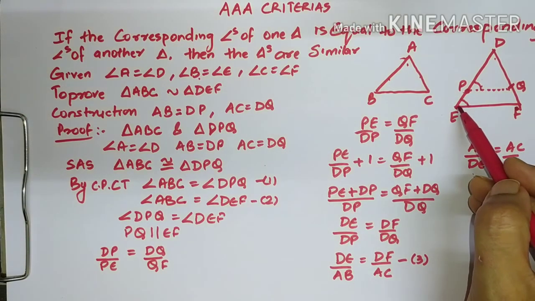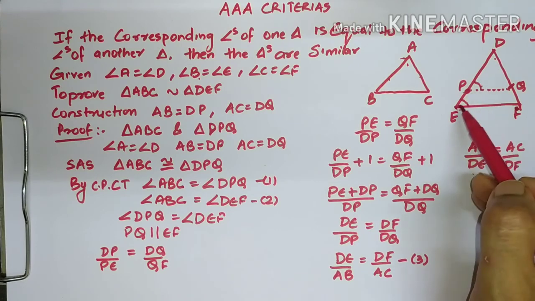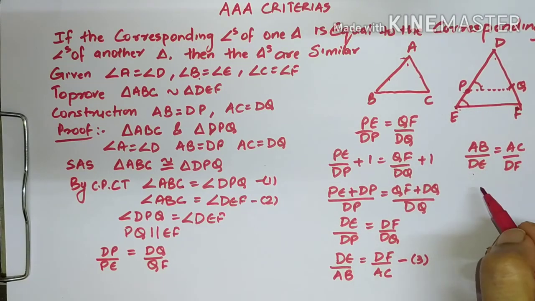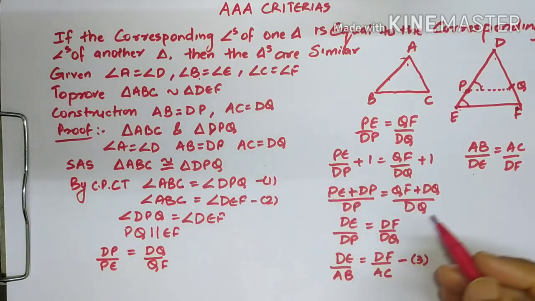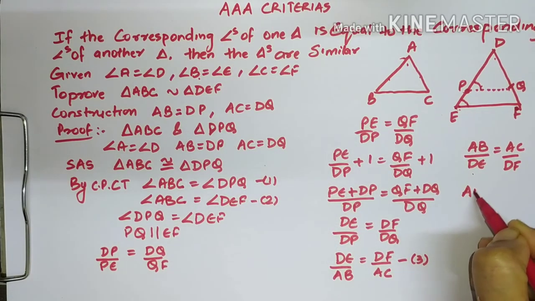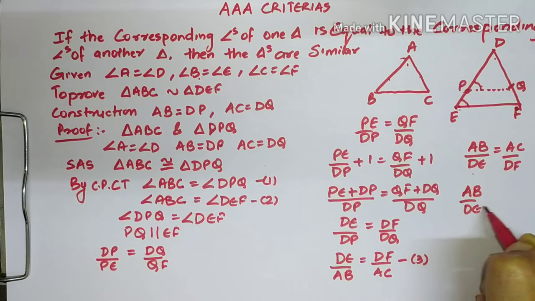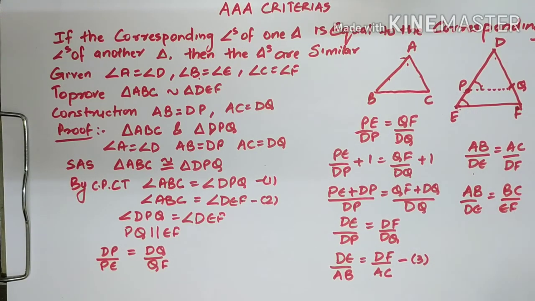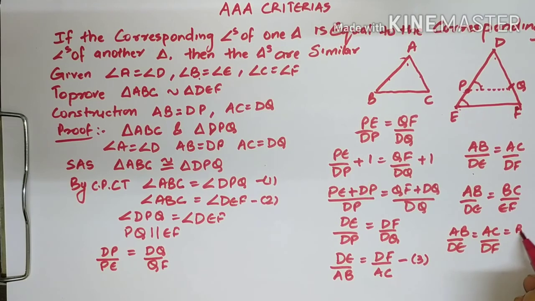Again I am repeating, we will take a point P on DE and point Q on EF. If we prove it in the same manner like we have done here, then we will get this ratio, that is AB upon DE is equal to BC upon EF. Okay, so can we see all the three ratios are equal? So I'll just write down AB upon DE is equal to AC upon DF is equal to BC upon EF.